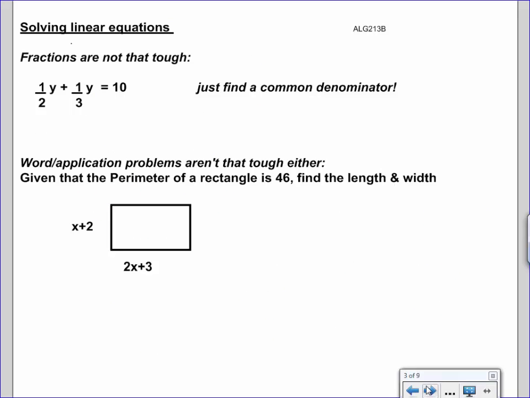Now, if you get a fraction, it's really not that big a deal. You just need a common denominator. The common denominator of half and thirds is 6.